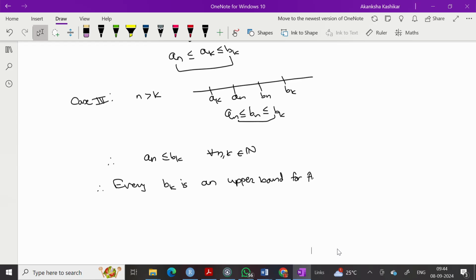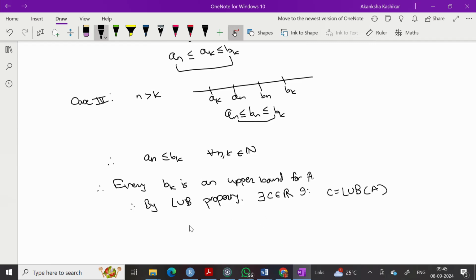Therefore, by the LUB property, there exists some C in R such that C is equal to LUB of A. But what I know is every b_k is an upper bound.